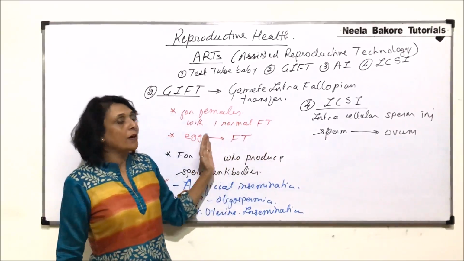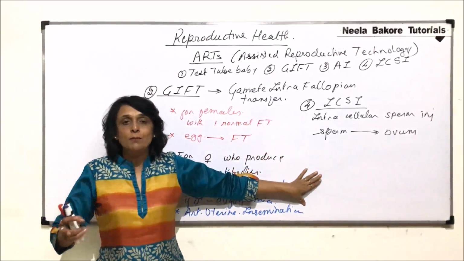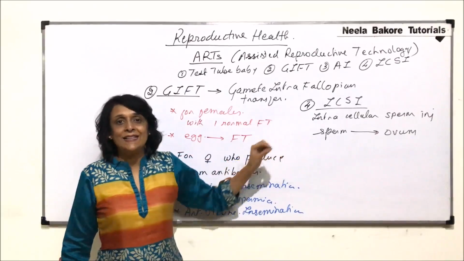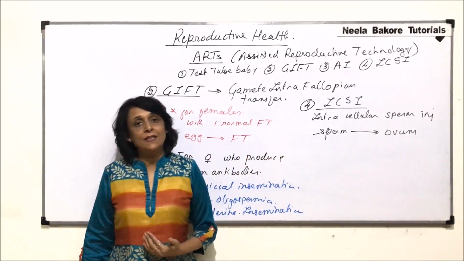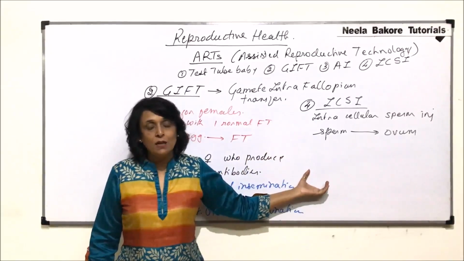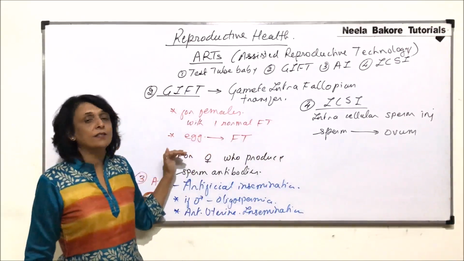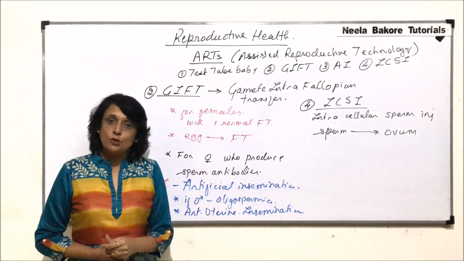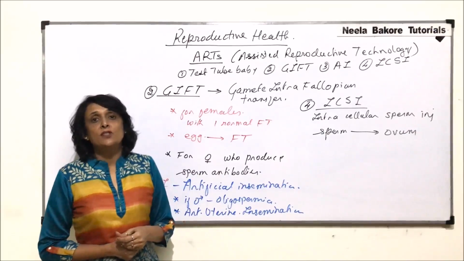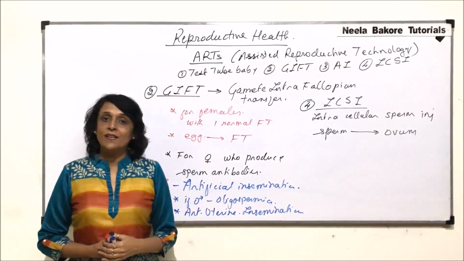So couples who are not able to have children in a normal manner, there are certain techniques which help them have children, and these are the techniques which we have talked of. So with this, the chapter on reproductive health is complete.